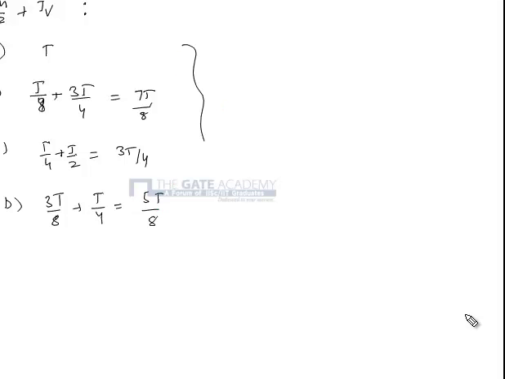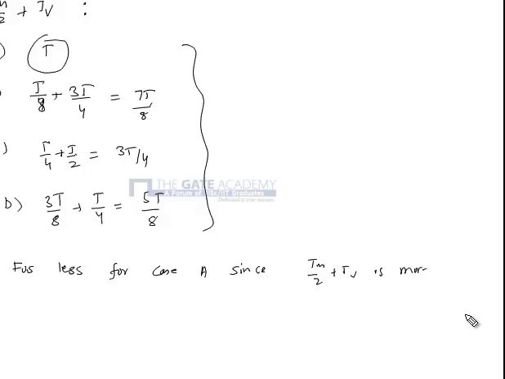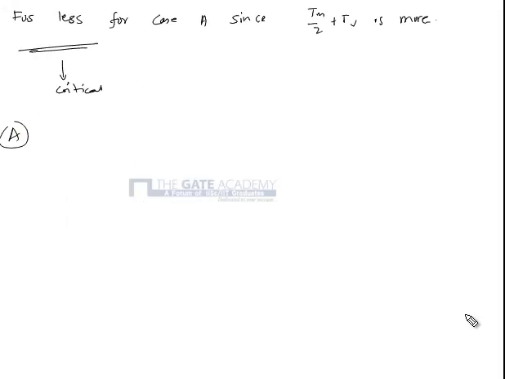Out of all these 4 cases, the maximum is T, which will give the lowest FOS. FOS is less for case A since T mean by 2 plus T variable is more. FOS being less means it is the critical loading with more chance to fail. So the answer is A.